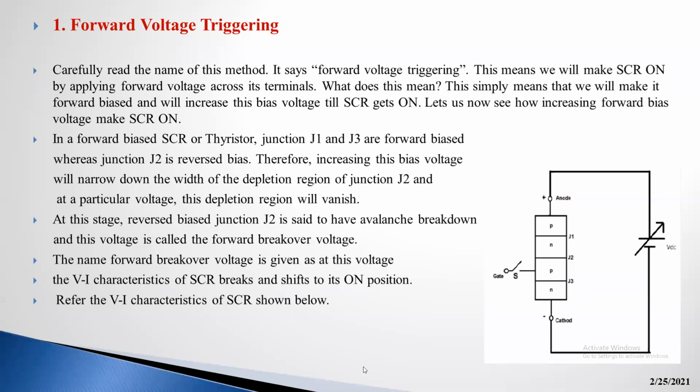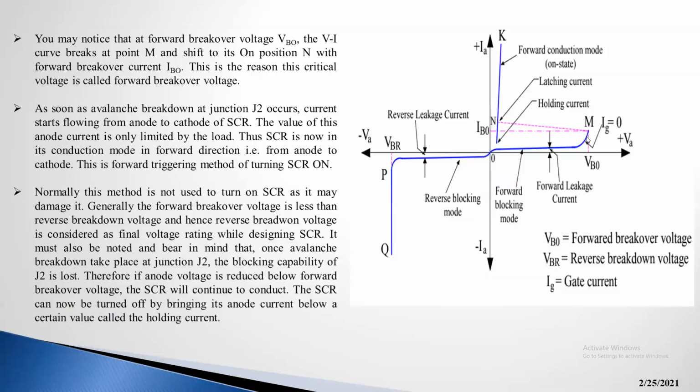The voltage at which the thyristor is turned on is called the breakover voltage. When the SCR is turned on, the voltage suddenly falls across the SCR and the current through the SCR increases.